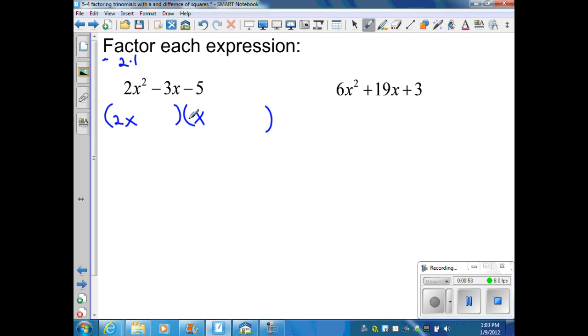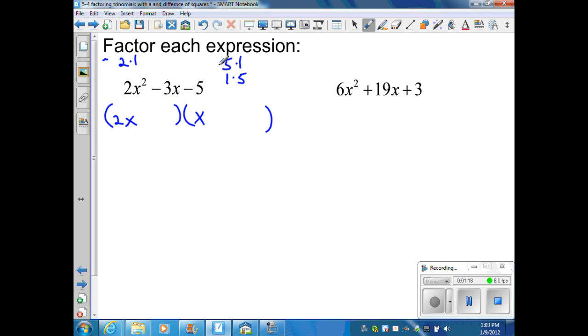So 2x times 1x gives me 2x squared. Now I need to break up my c, which is going to be 5 times 1, or 1 times 5. For the first term, I leave it in 2 times 1 the way I start with. I don't need to keep switching them because I'll switch the other 2 factors.